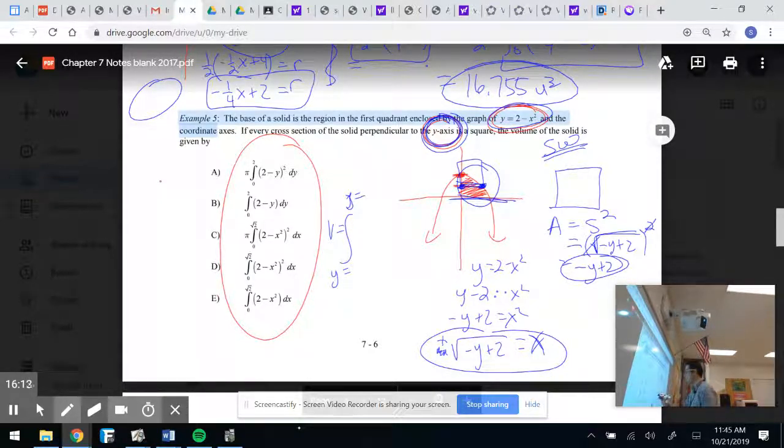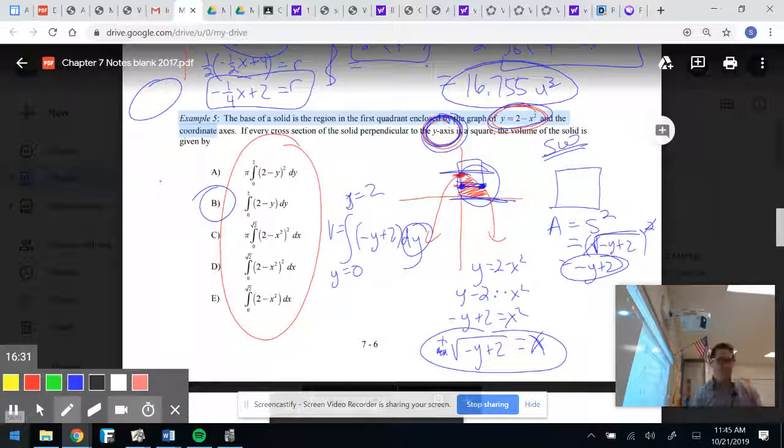The smallest y was 0. The highest y, I went up to 2. And then the area of a cross-section is negative y plus 2, and then it's a dy. That's going to be my thickness. Oh, snap, please tell me it matches up with one of the answers. Oh, booyah, B.